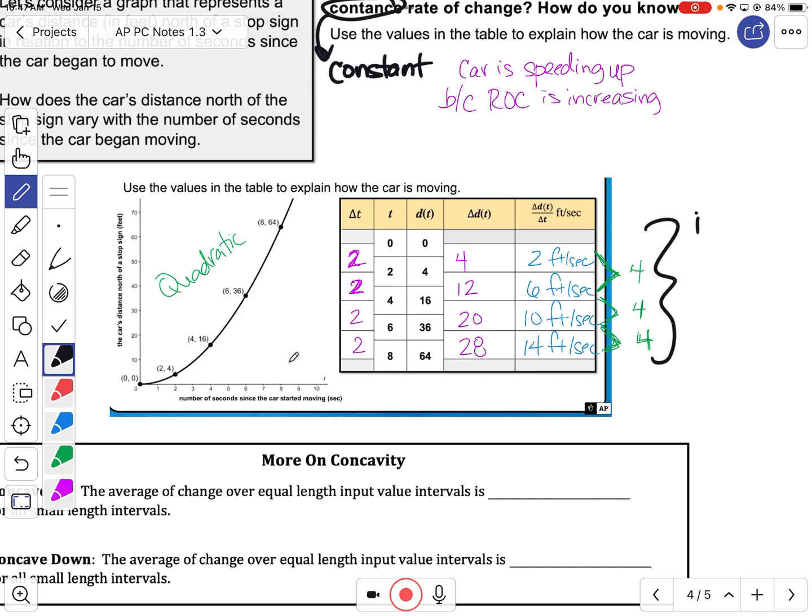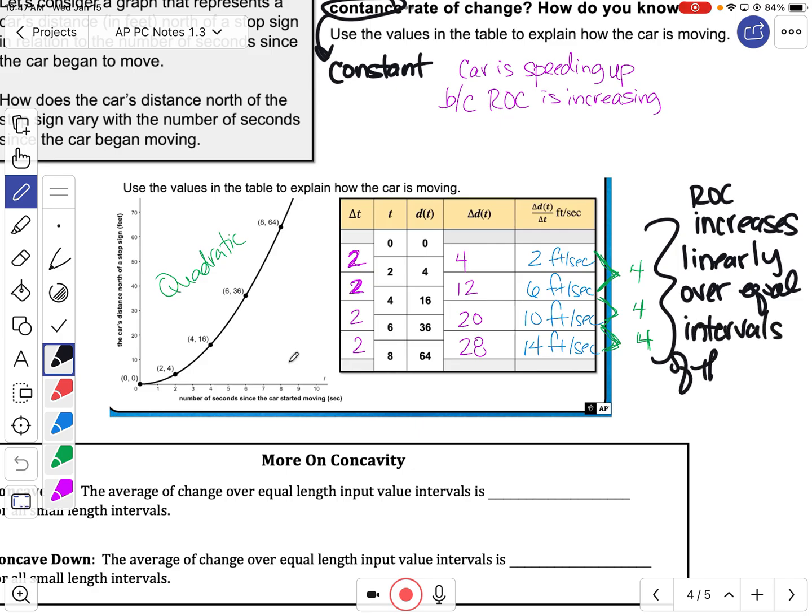We would say that the rate of change increases linearly over equal intervals of the domain. I don't want you hyper focused on that phrasing right now, but we're going to see those words used a lot, so I just want to put it in your brain somewhere in the cobwebs.